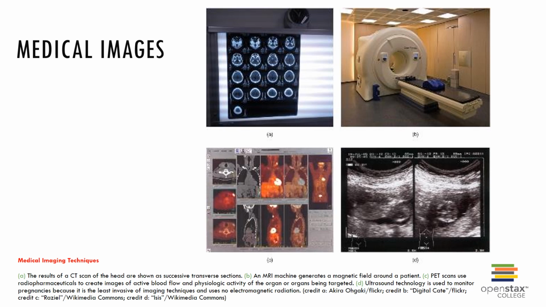PET scans are another way to create images, and they can show active blood flow or the activity of an organ that they're examining. Ultrasound technology is quite often used to monitor pregnancies because it's the least invasive imaging technique and there is no electromagnetic radiation, therefore it's not harmful to the developing fetus.